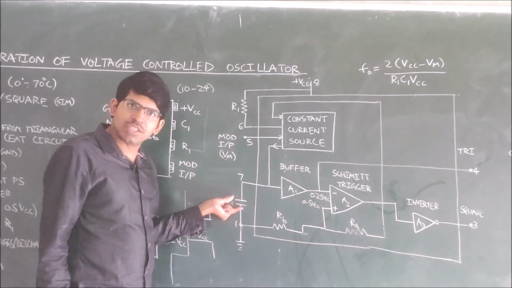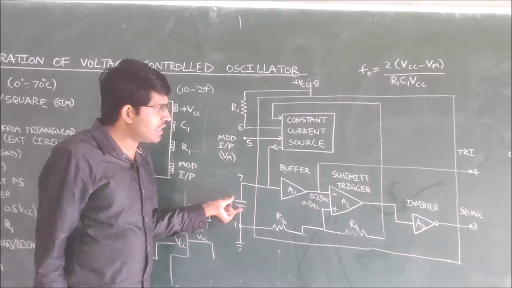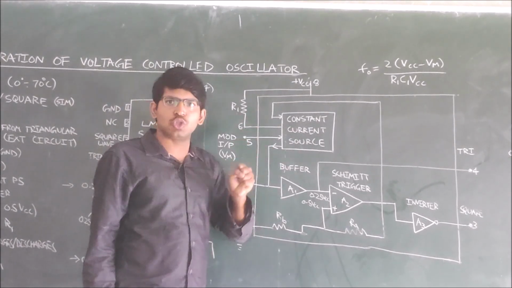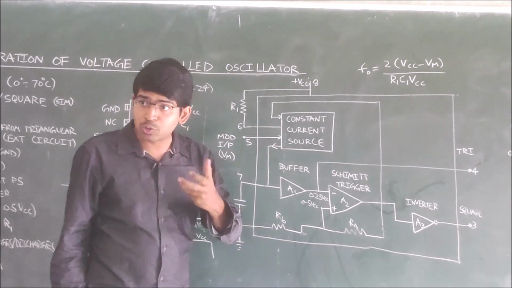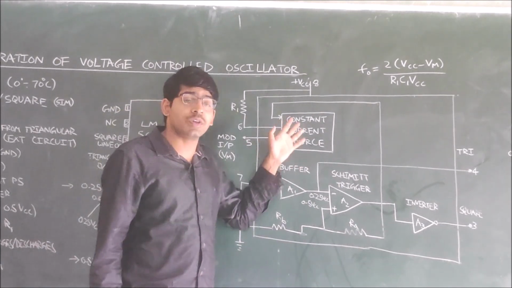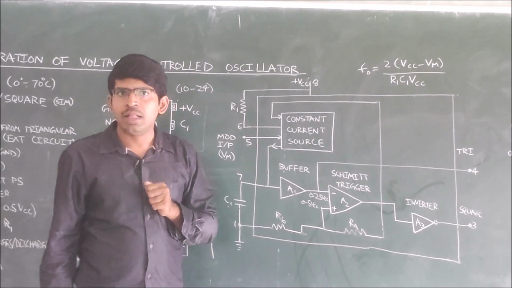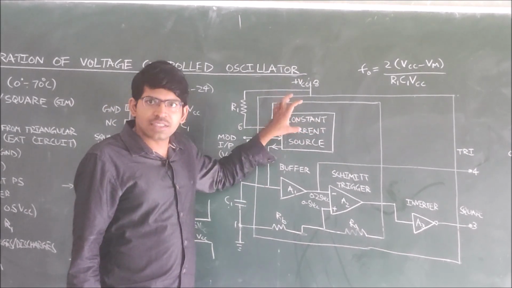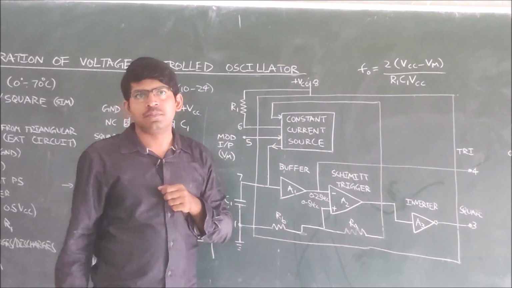Initially this capacitor C1 charges by using this constant current source. Now the question comes, what is this constant current source? We already discussed it. The current it is giving is constant.